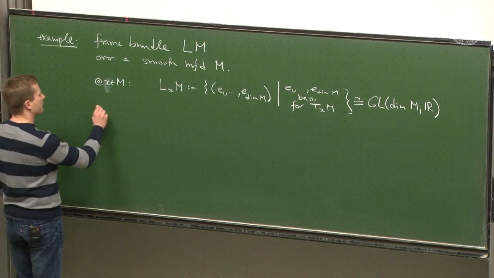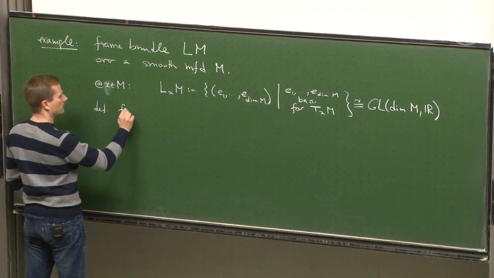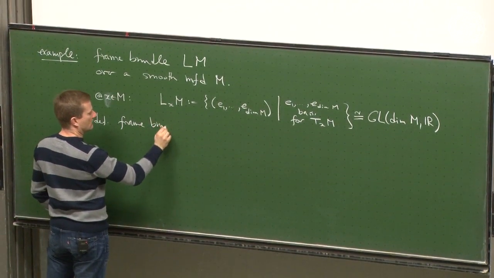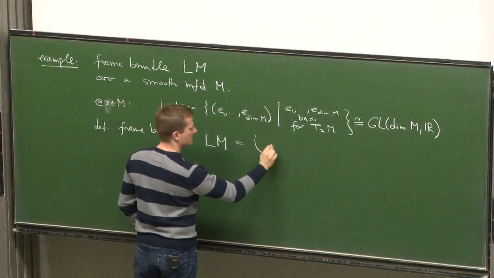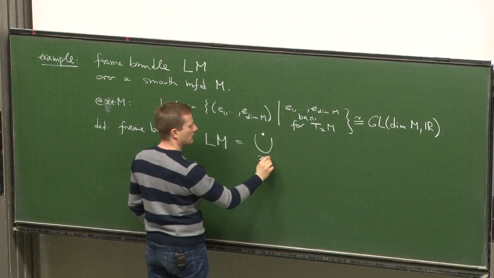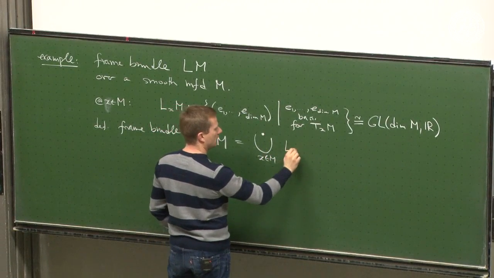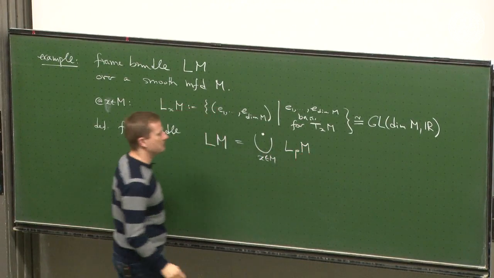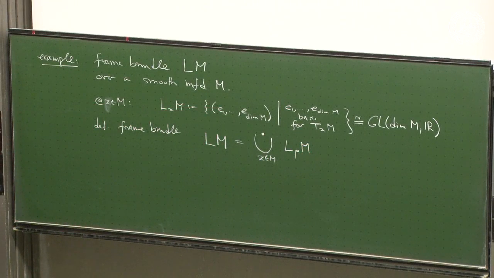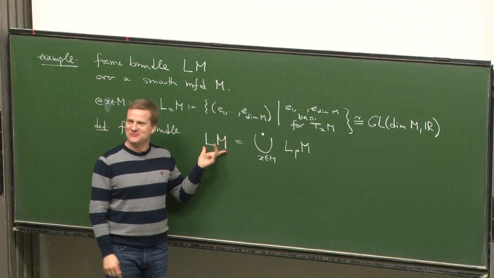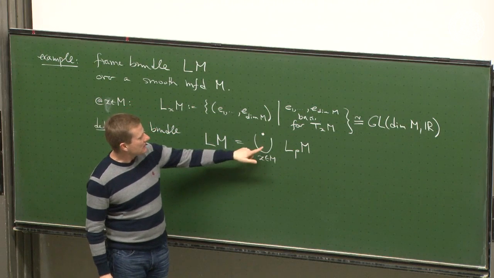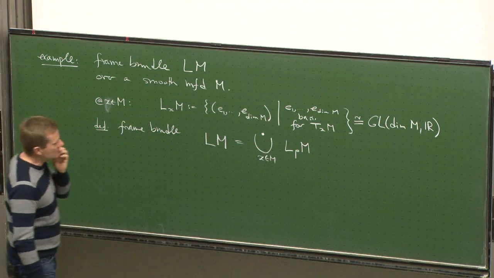But then we define the frame bundle LM as the disjoint union over all the x's in M of L_xM. Now let me make a comment on this, because there were some questions, I was told, about this kind of disjoint union.